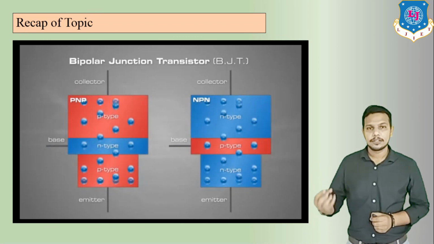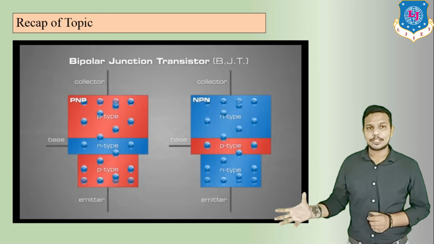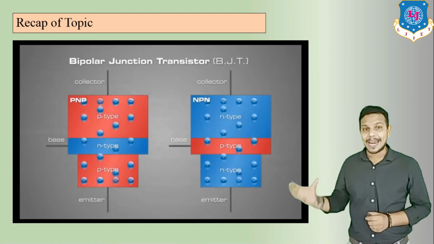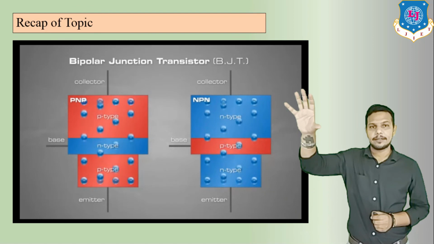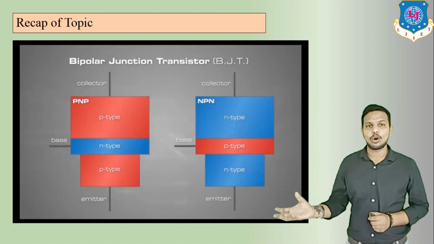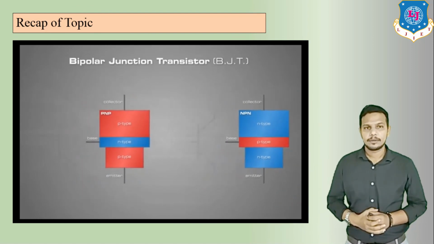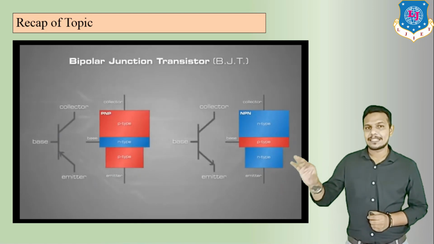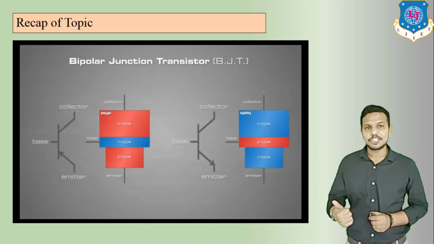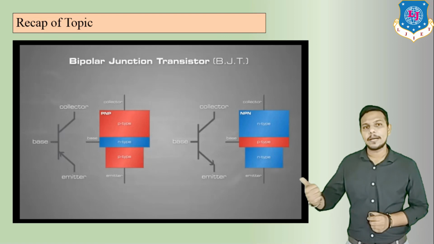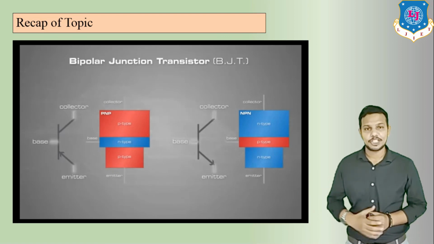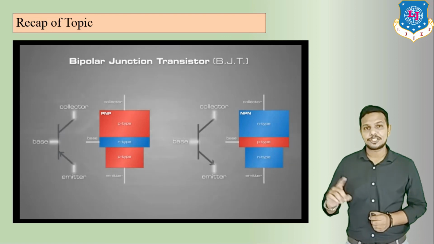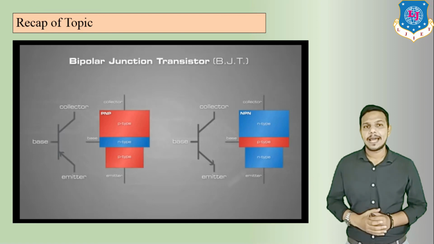Here we can see that the flow of electrons is always from emitter to collector side. This is the flow of electrons, emitter to collector side, and here is the symbol of BJT, more specifically the NPN and PNP transistors, which have three terminals: collector, base and emitter.